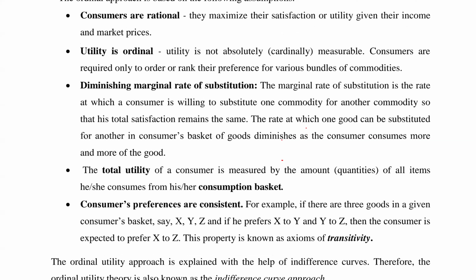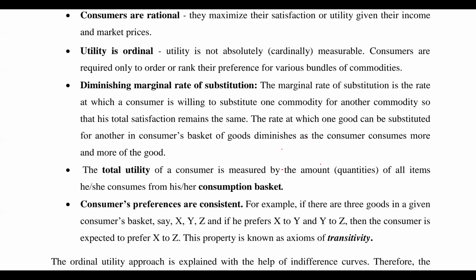For that reason, consumers are required only to order or place a rank on their preferences for various bundles of the commodities that they're given. So if the consumers are given those bundles, let's say they have to choose between consumption of maize and that of beans, usually what will happen is that there will be a bundle.